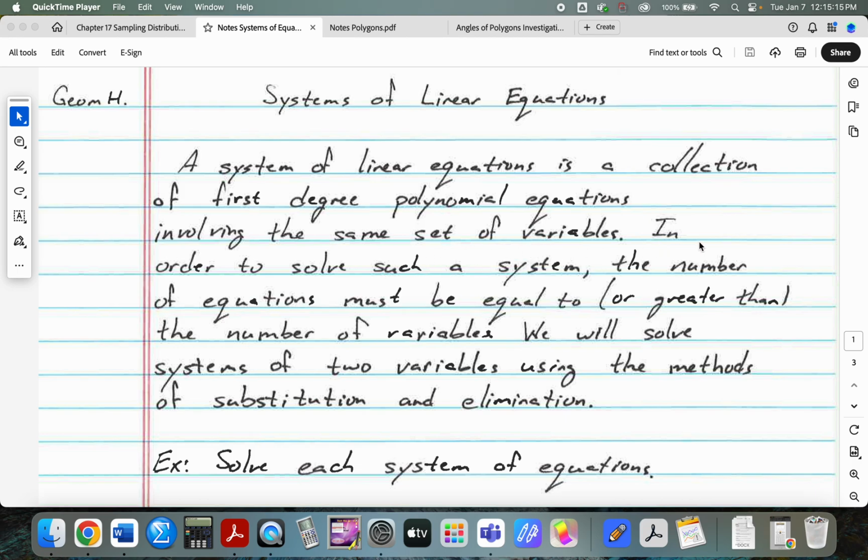In order to solve such a system, the number of equations must be equal to or greater than the number of variables. So if you have two variables, for us that's going to be just x and y, then you have to have at least two equations. We won't ever have more, but you could have more. If you had three unknowns, like an x and a y and a z, then you've got to have at least three equations. That's why it's sometimes called a 3x3 system.